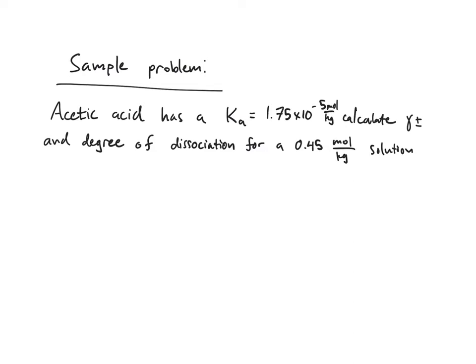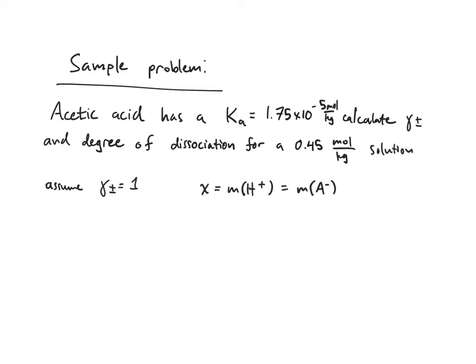Okay, so there's a number of things that we want to lay out before we begin the problem. We will assume that this gamma plus minus equals 1 just to start out with. We're going to adjust it over time as we do the problem. I'm going to assign the variable x to be the molality of the protons, which also happens to be the molality of the anion for this acid.